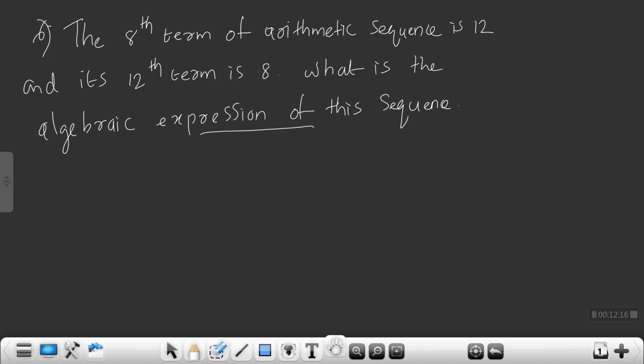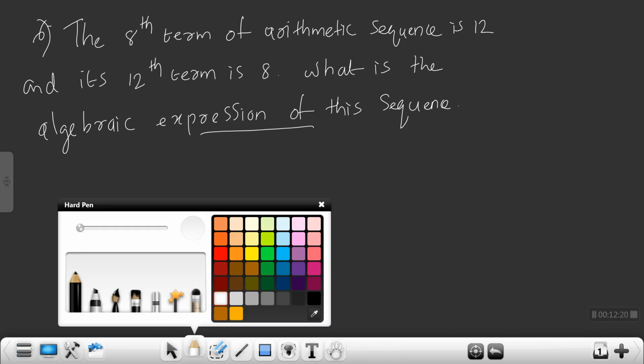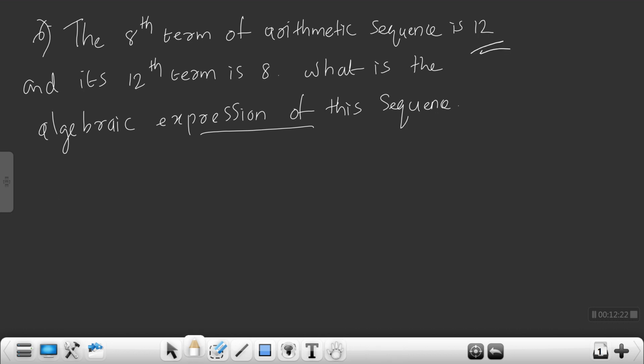Here the question is, the eighth term of an arithmetic sequence is 12 and its 12th term is 8. Then what is the algebraic expression of this sequence? Here it is given that x8, the eighth term, is 12 and the 12th term x12 is 8.